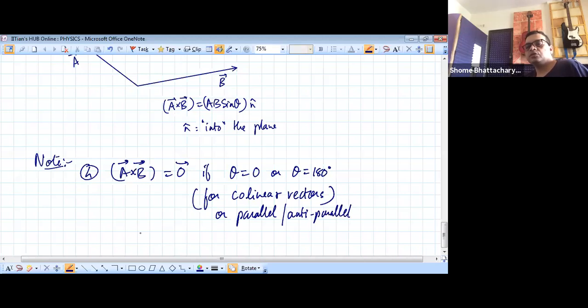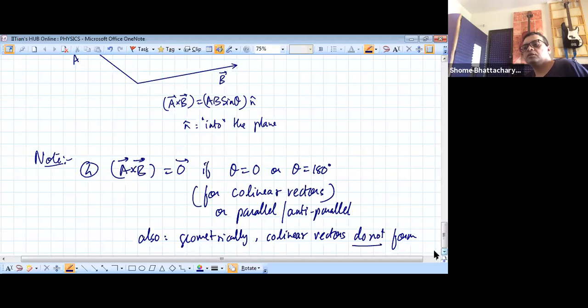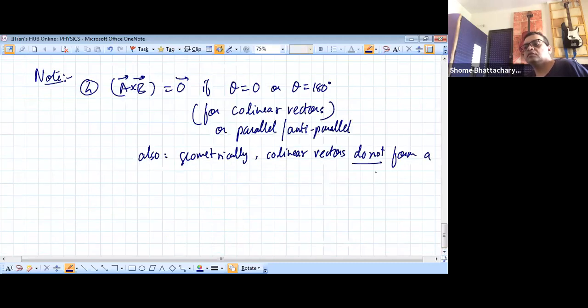And you can also understand geometrically that collinear vectors do not form a parallelogram. They don't enclose any area. So if I have a vector A like this, another vector B, which is either opposite to it or parallel to it, it does not enclose any area. So that is why it becomes a null vector.